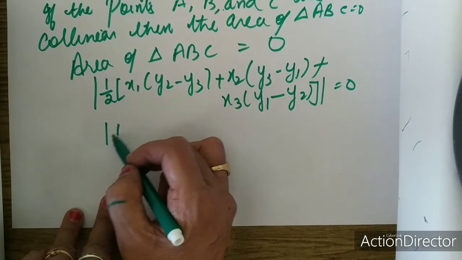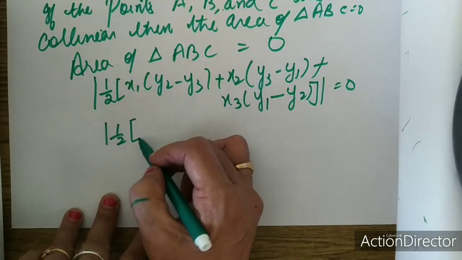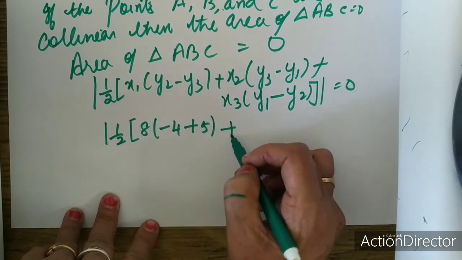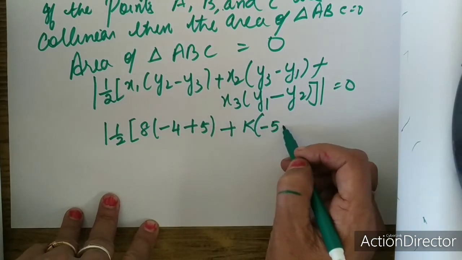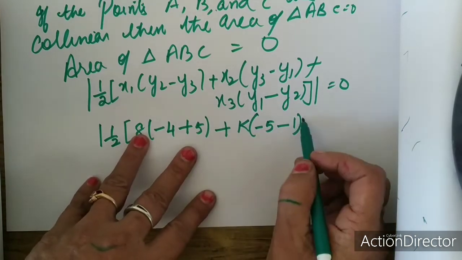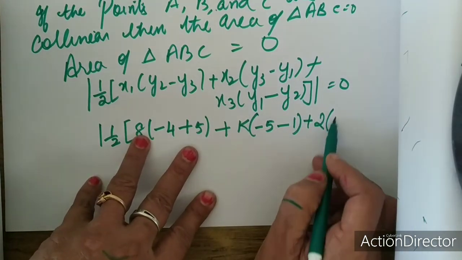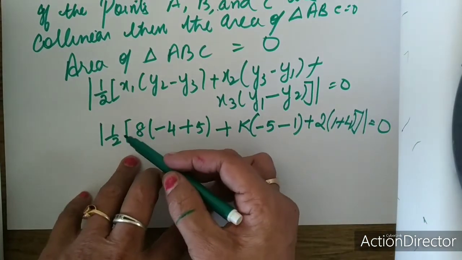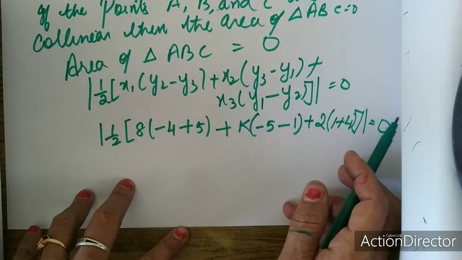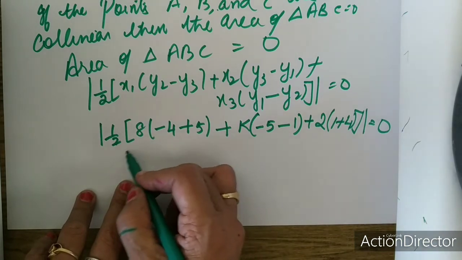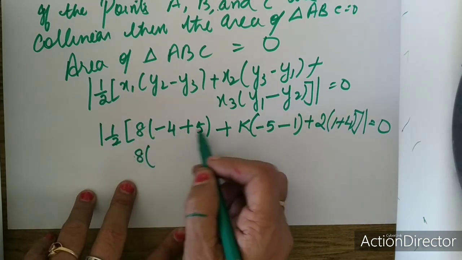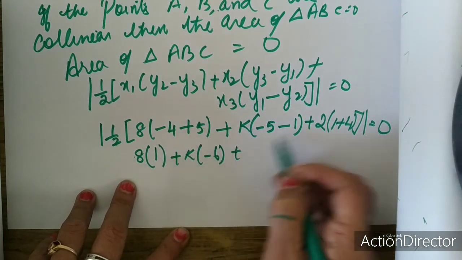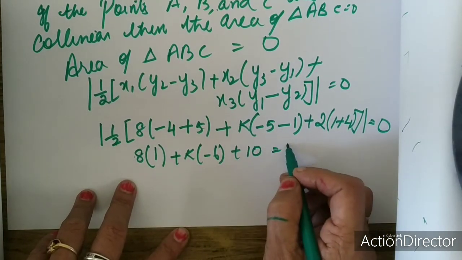Half into 8 into minus 4 plus 5 plus k into minus 5 minus 1 plus 2 into 1 plus 4 equal to 0. This half I can remove because half into 0 will be equal to 0. So let us write these values only. Minus 4 plus 5 is 1. K into minus 6 plus 2 into 5 is 10 equal to 0.